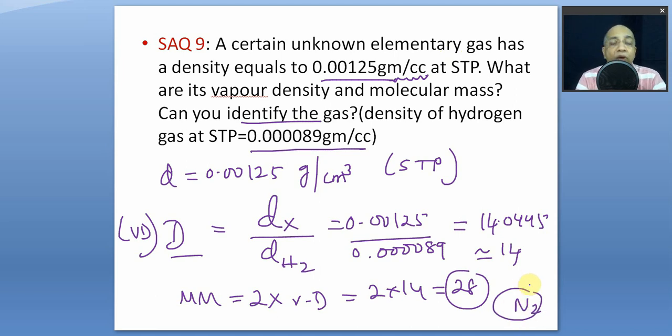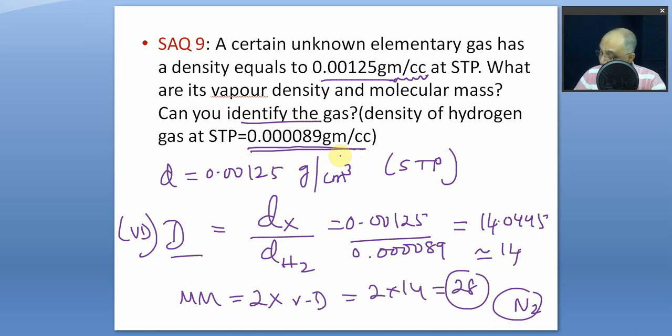But if it is a compound gas, carbon monoxide also has the same molecular mass. 12 plus 16 is also 28, but this is an elementary gas, so it has to be nitrogen, right? So you have to remember this value. If it is not given also, this is the STP data. In other temperature and pressure, you can find out by using D is equal to PM by RT, right?